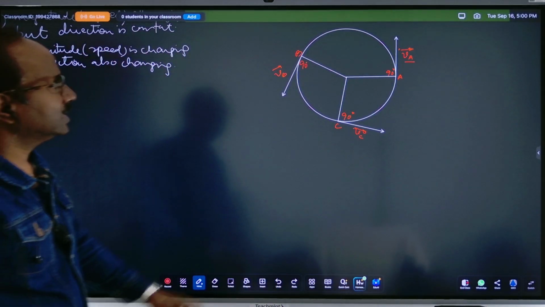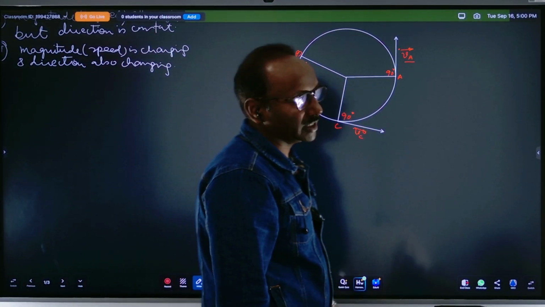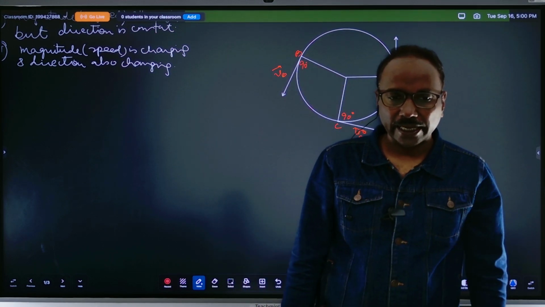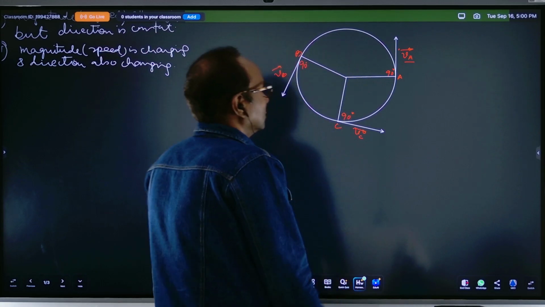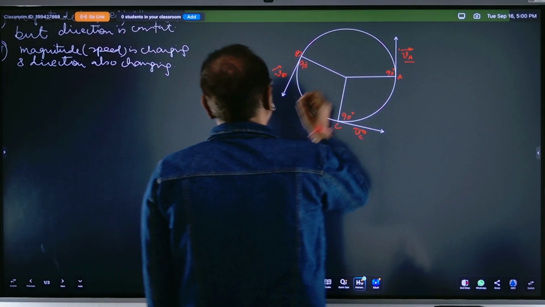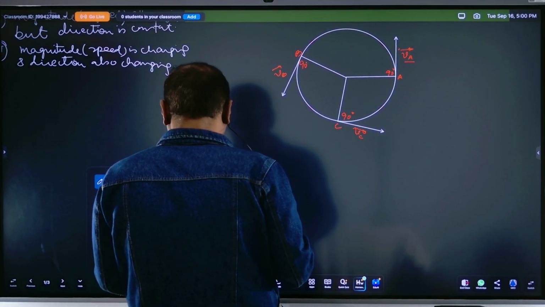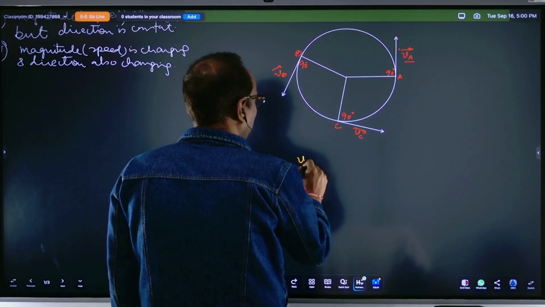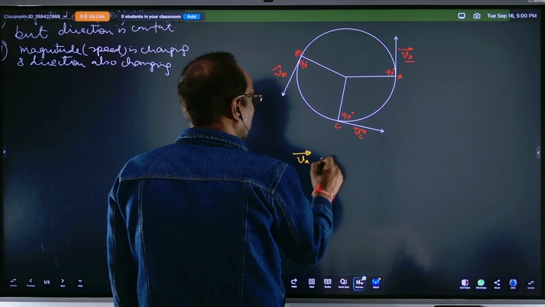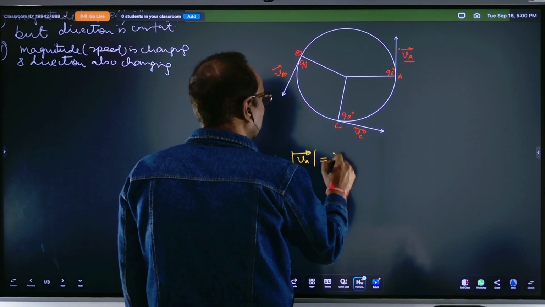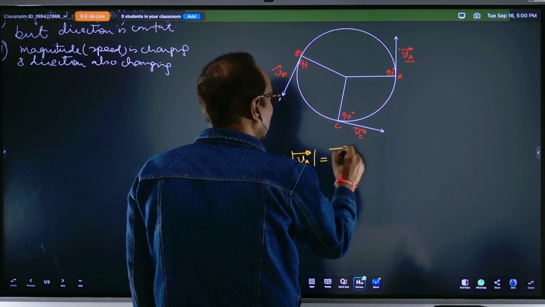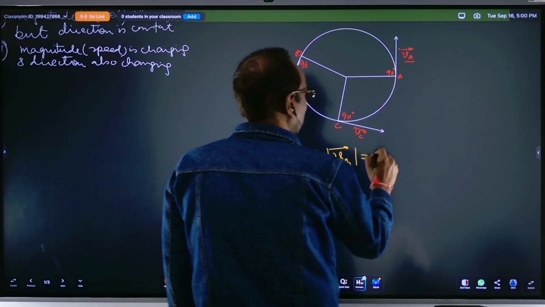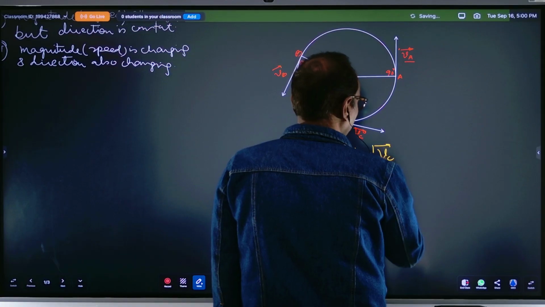So if it is a steady speed but changing velocity case, then the magnitude of VA should be equal to magnitude of VB equal to magnitude of VC.